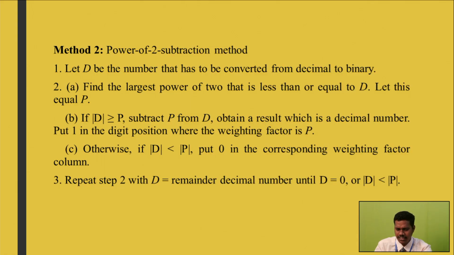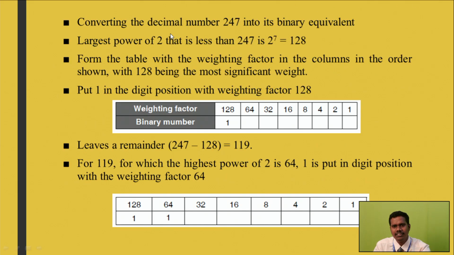So here let's take an example. The decimal number given is 247. It will be taken as the value D. Next we look for the power value or weightage that is less than or equal to 247.